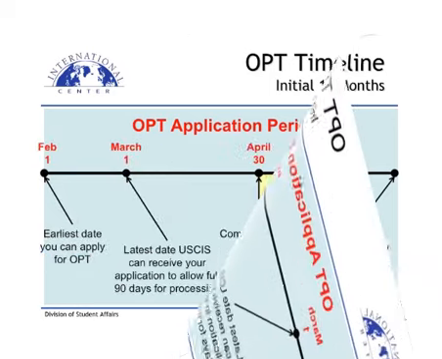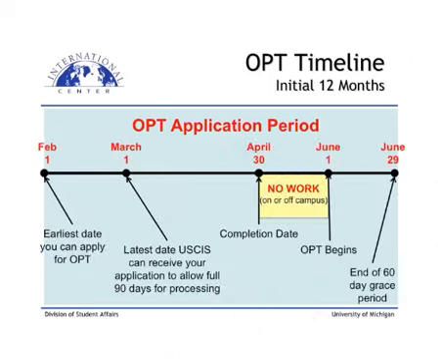A very important note to make at this point is that if you do not request your OPT to begin the day after your completion date, you will have a period of no work authorization. This means no work on or off campus at all during this period.